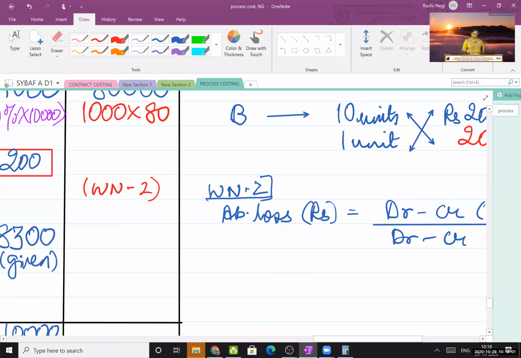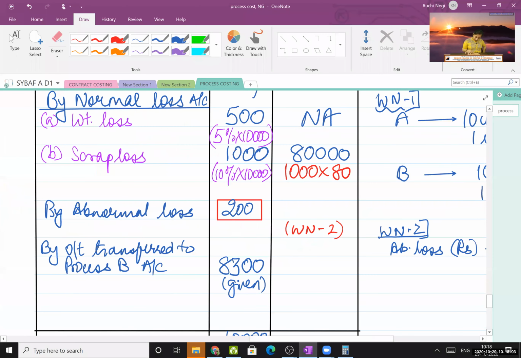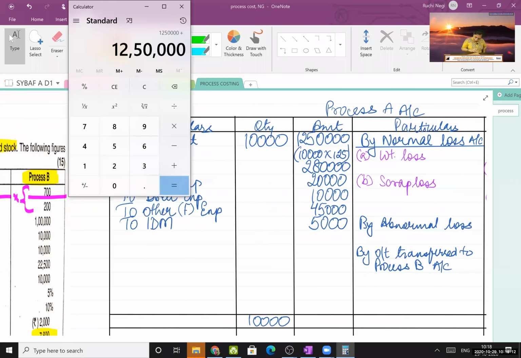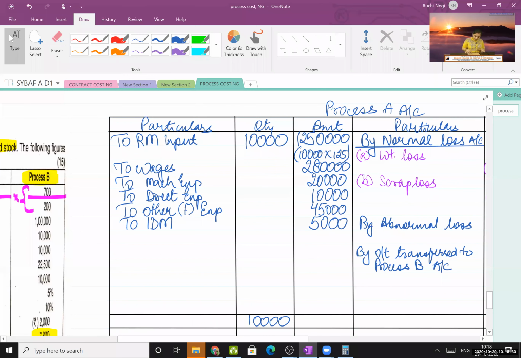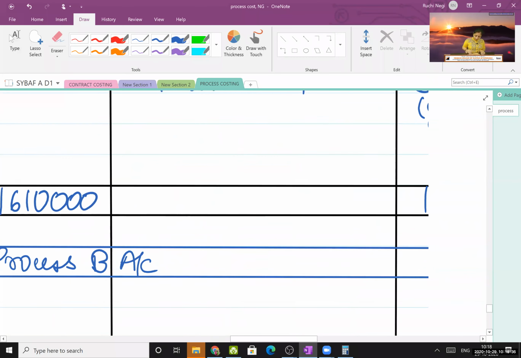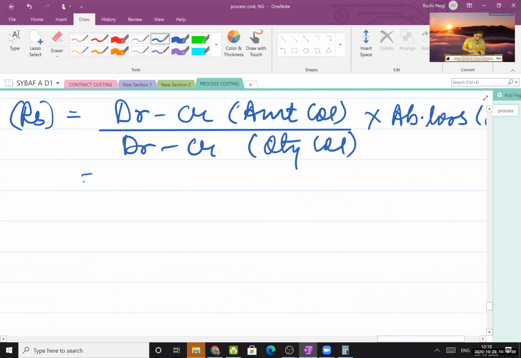Okay. Total the debit side. 12,50,000 plus 2,80,000 plus 30, 20 plus 10 is 30, plus 45,000 plus 5,000. The answer is 16 lakh 10,000. So write it here, 16 lakh 10,000.